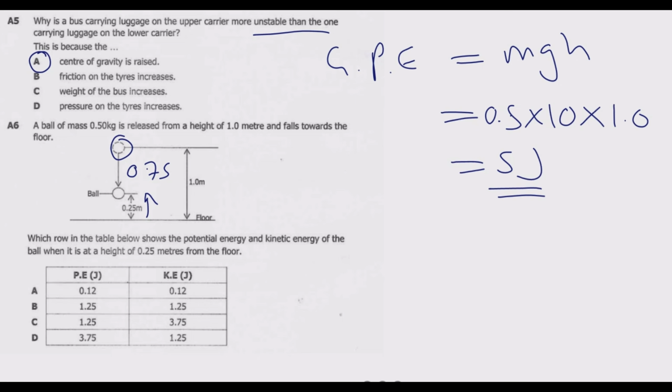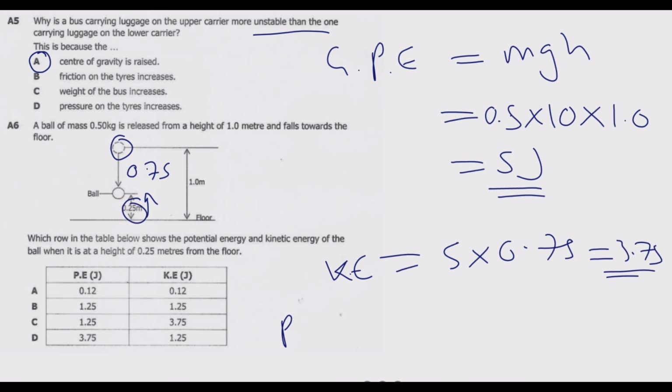So we need to know how much potential energy would have remained, and how much is kinetic energy. Just say 5 multiplied by 0.75, you end up with 3.75. Alternatively, you can find the potential energy remaining, which will be 0.5 multiplied by 10 multiplied by the height now, 0.25.